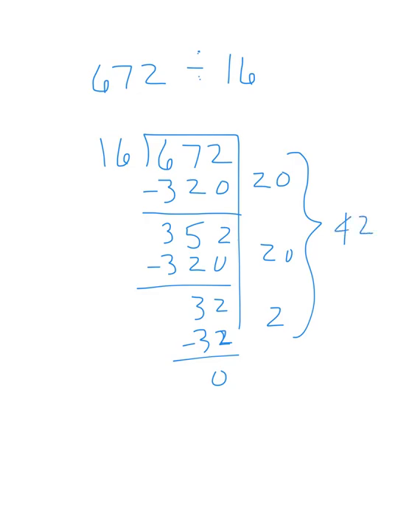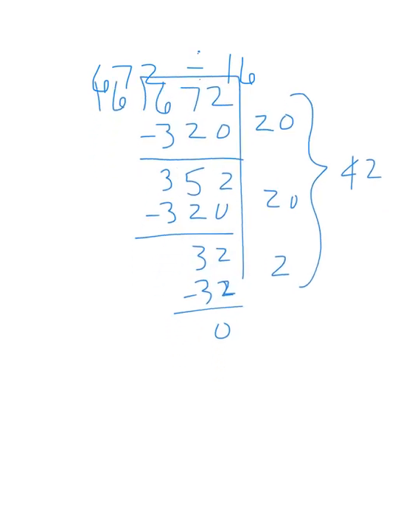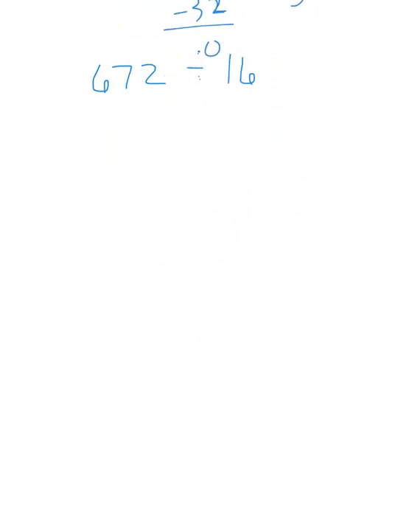Now again, if we want to think about being as efficient as possible, what if you automatically knew that if I had 16 4s, well, 16 plus 16 is 32, 32 plus 32 is 64, so I'd have 640.